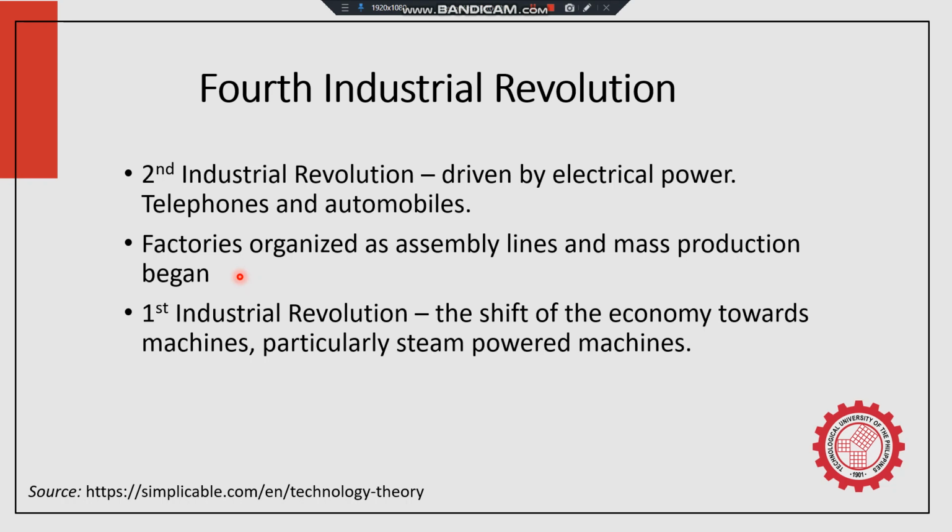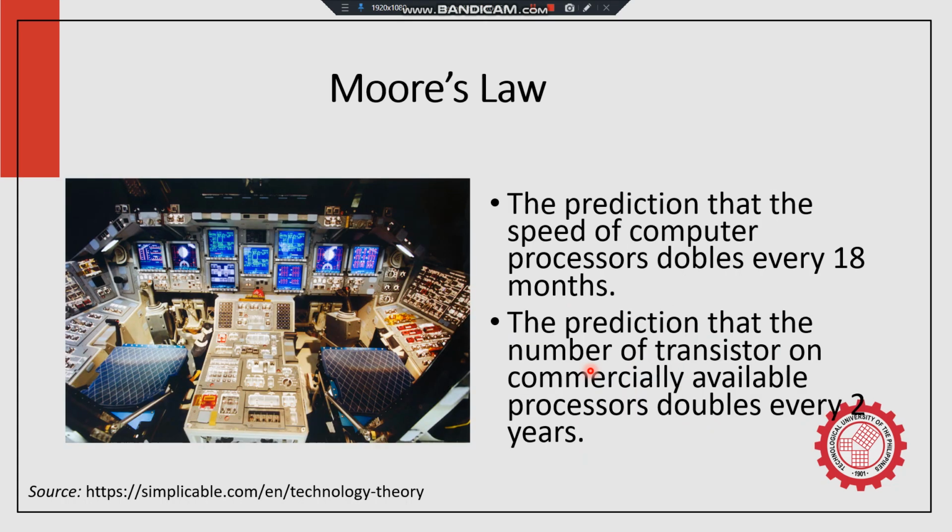So, that time, talagang ang mga companies is mass production. And yes, landline telephones pa noon, no? Okay. So for the first industrial revolution, this is the shift of the economy towards machines, particularly steam-powered machines. Okay.